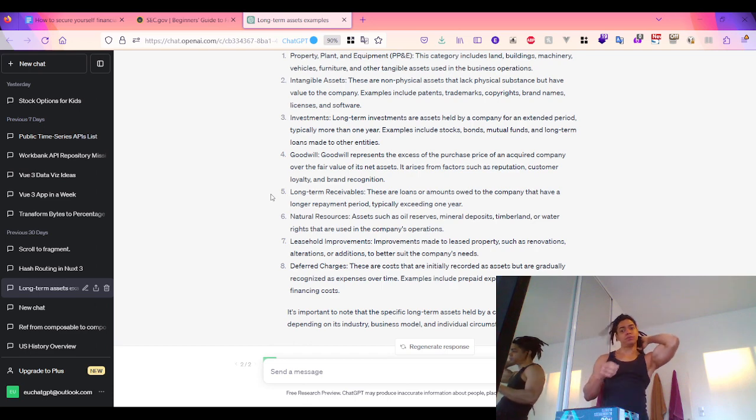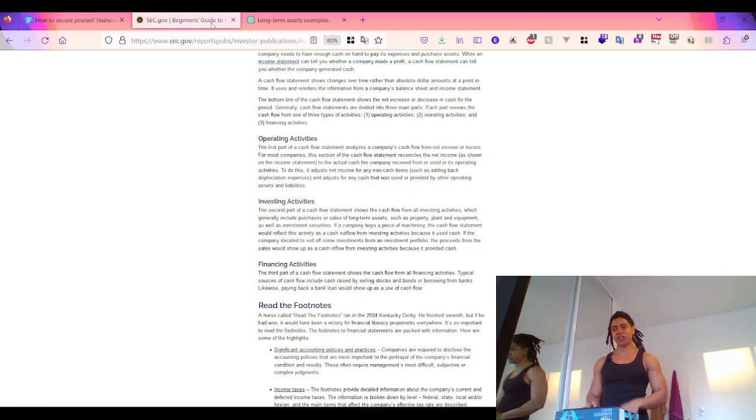And the third part of the cash flow statement is the financing activities. This section focuses on how a company raises funds from investors or creditors and pays back directly or through capital markets.